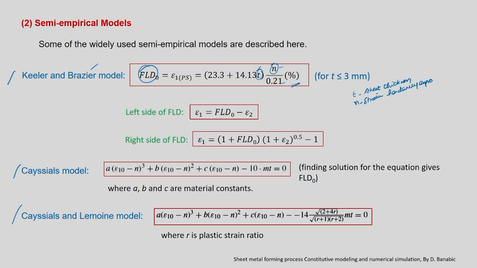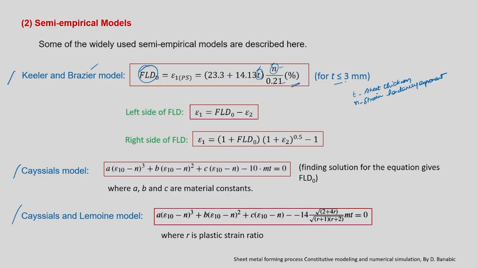As per this equation, your FLD0 depends only on n and T, and this equation is valid only for thickness less than 3 mm, which is what we are also discussing.